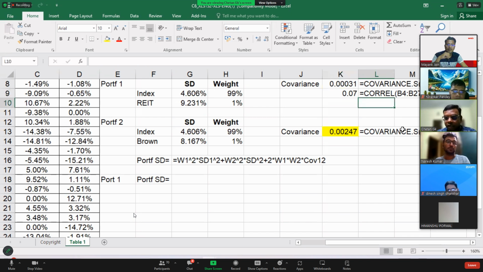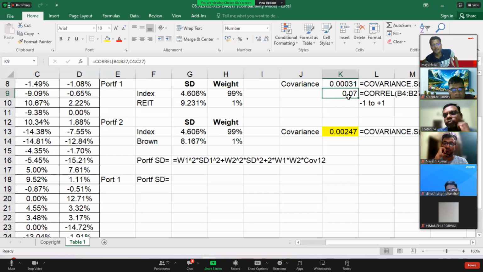Because you know that correlation varies from -1 to +1. Sorry, I should have written 1 here. So the correlation varies from -1 to +1. So 0.07 means what? It is not 7%. Please try to understand.